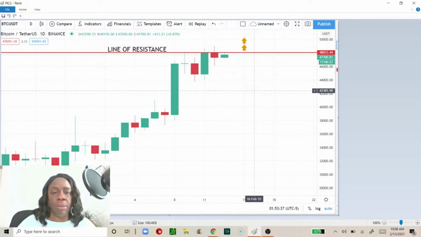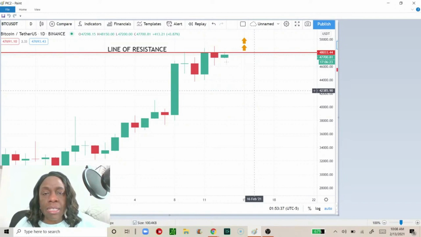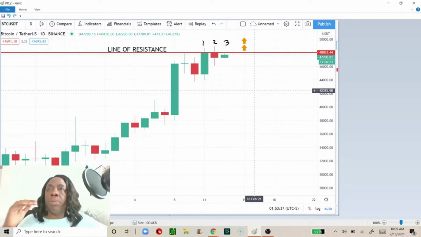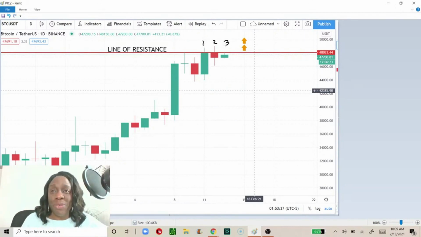So this is awesome, because you can see that over the last few days, the last candle that we see here is a Friday candle. And the point is, for the last 3 days, 1, 2, 3, price action has been trying to get above the line of resistance.